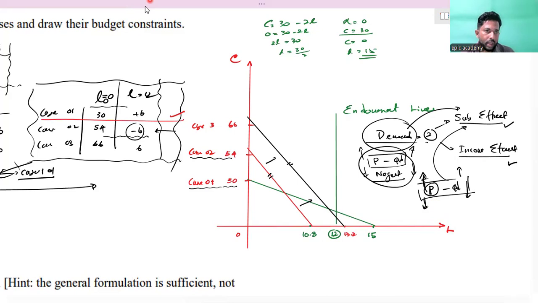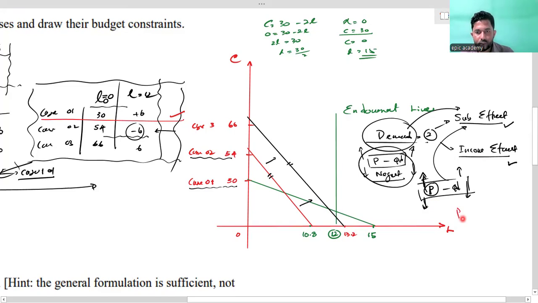On the other hand, the income effect, what happens? The price of the certain commodity is at a certain level. But suddenly the price increases. After the price increases, what happens to the real income of the consumers? It is going to reduce, because real income equals nominal income, or nominal wage, divided by the price index.